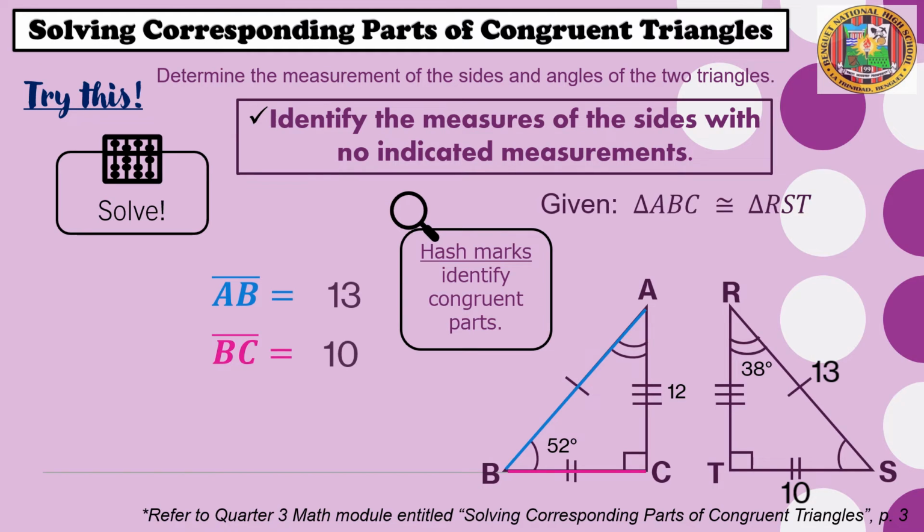Finally, we have side RT, which is congruent to side AC since side RT has the same number of hash marks as side AC. And because side AC measures 12 units, we can also say that side RT measures 12 units.